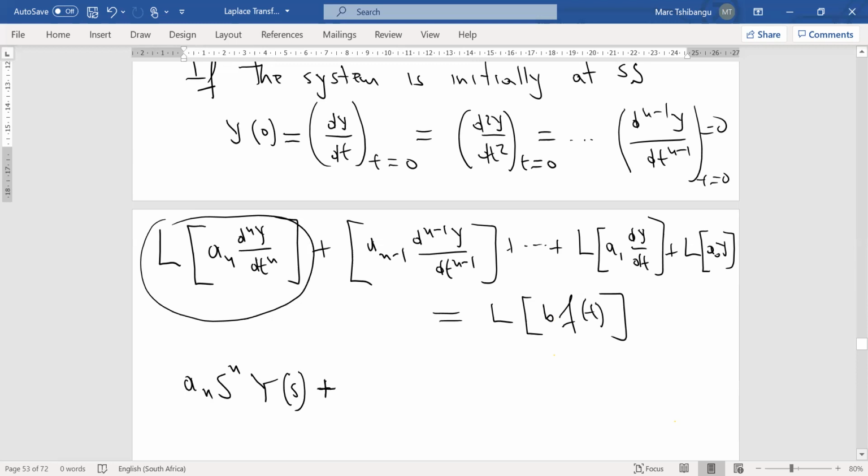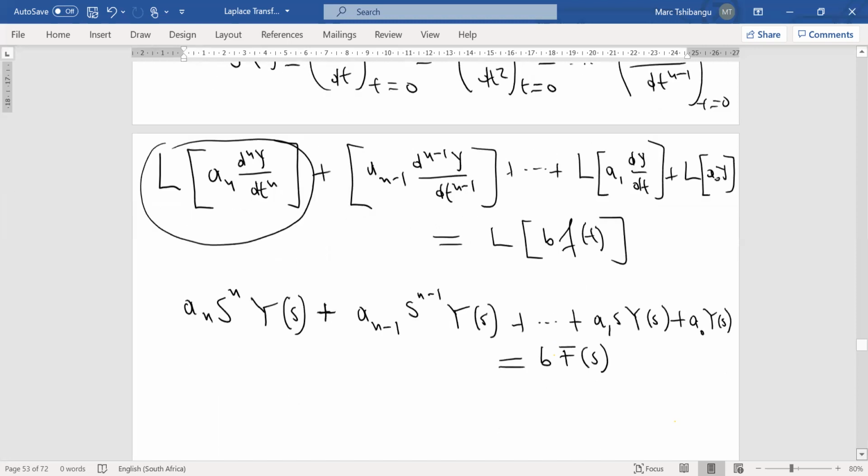And this will be equal to a sub n minus 1 s to the power of n minus 1 Y(s) plus a1 s Y(s) plus a naught Y(s), and this is equal to b times F(s).